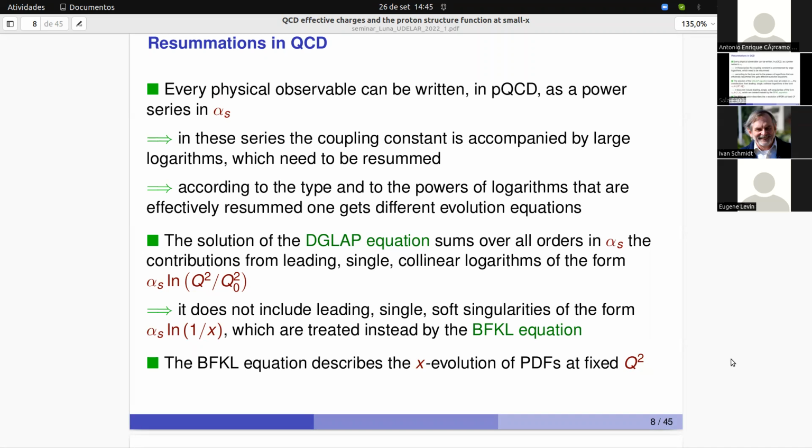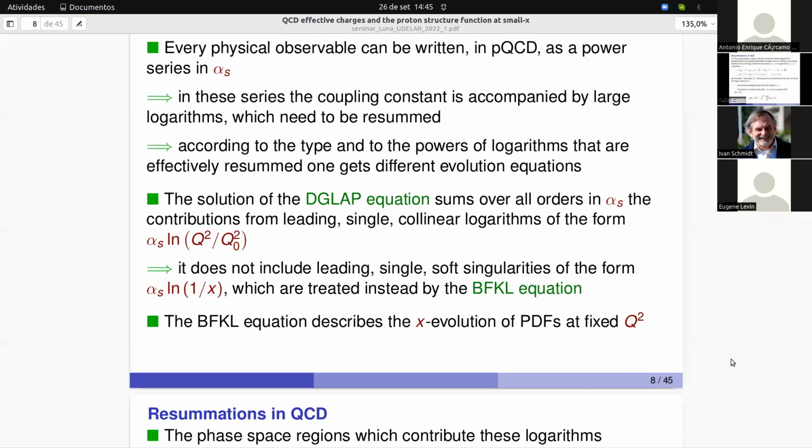In summary, the BFKL equation describes the x evolution of the parton distribution function at fixed Q square. If you remember, the DGLAP equation described the Q square evolution of the PDFs at fixed x. That's the symmetry, so you can compare one with the other.